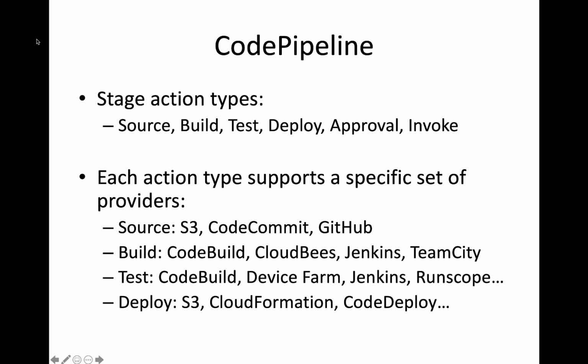You could use a CloudFormation template to deploy code. You could use the CodeDeploy service itself. All kinds of different things that you can do with the CodePipeline service. You can think of, again, CodePipeline as integrating different services together. It's sort of like this abstraction or orchestration layer that you can use to define a complete end-to-end pipeline and service delivery process.